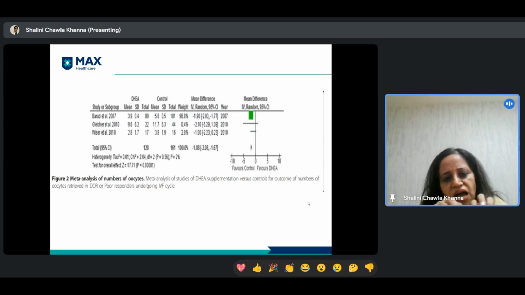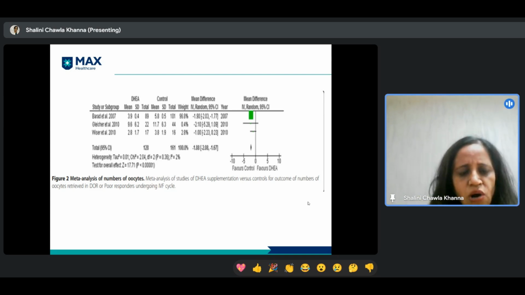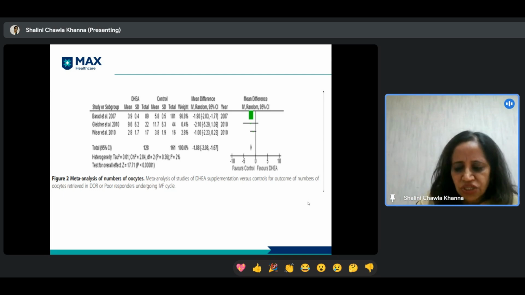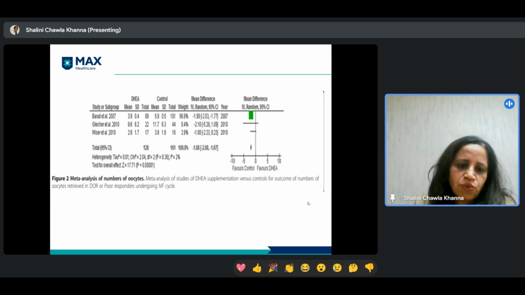And once this is a hyperandrogenic state, then it becomes like polycystic ovarian syndrome where the male hormones are in excess, and hence they do not lead to follicular growth. So just a word of caution, whenever we use DHEA, it has to be maybe either 2 or 3 months, not so prolonged. And when we start the stimulation, probably we should stop the DHEA, because otherwise increased androgens will hamper the follicular growth by the hyperandrogenic condition and the hyperandrogenic environment in the ovary.